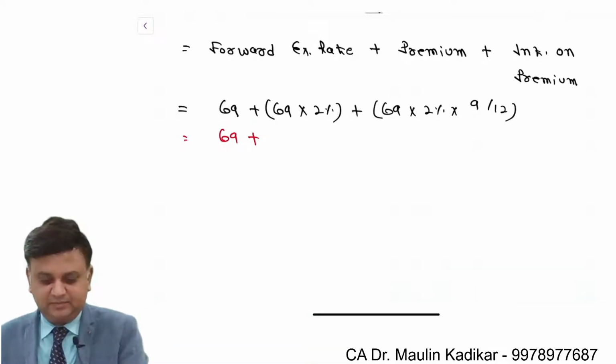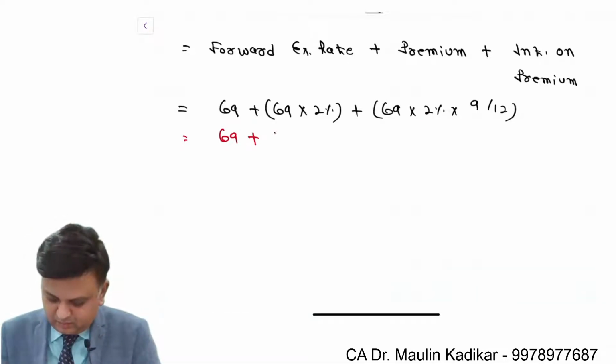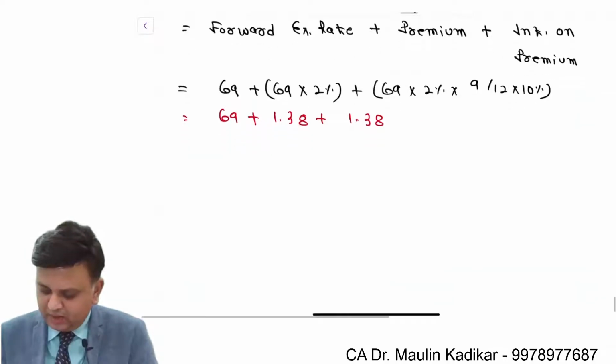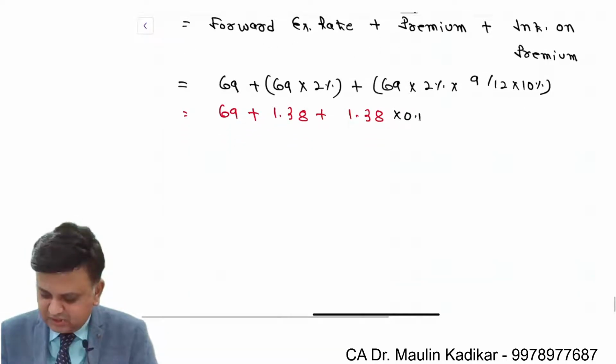So 69 plus 1.38 plus 1.38 into 10% into 9 divided by 12.